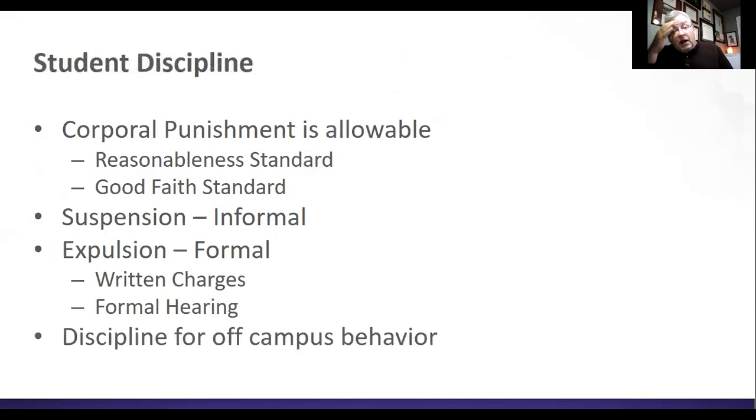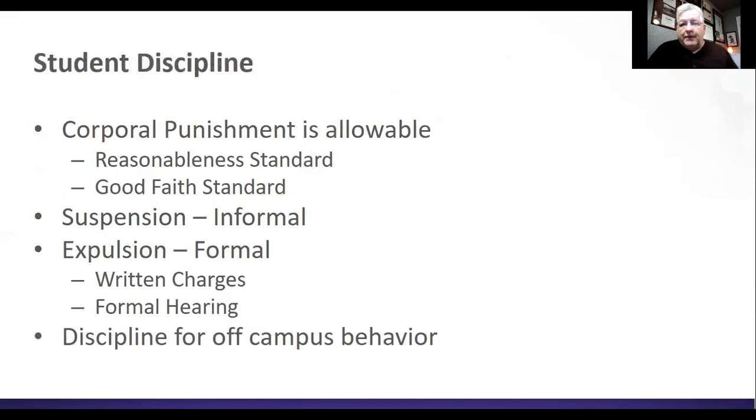Your book talks about this a little bit. You need to understand that students can be disciplined for off-campus behavior when off-campus behavior negatively impacts the school. So it's important that that behavior be listed in your code of conduct, and that the students have been given the information about the behavior that's been prohibited.